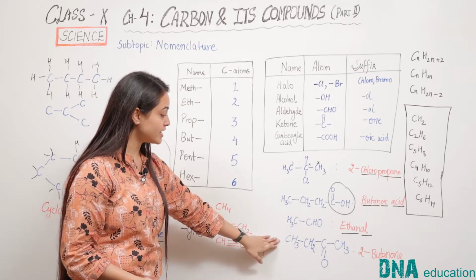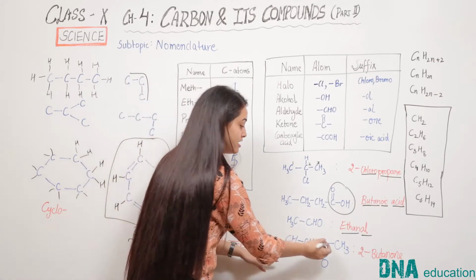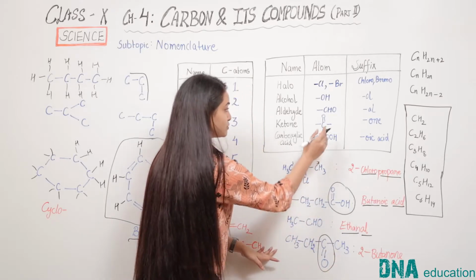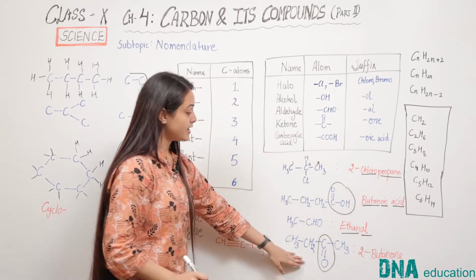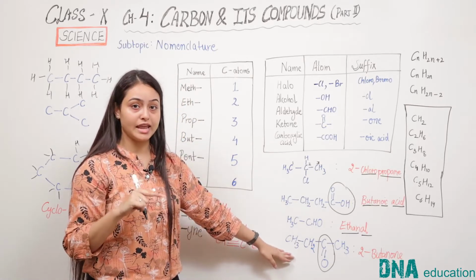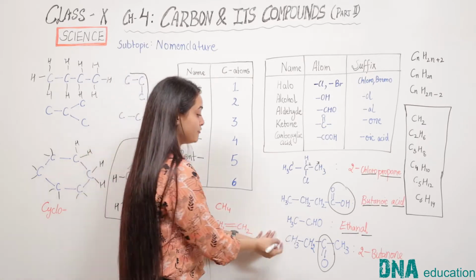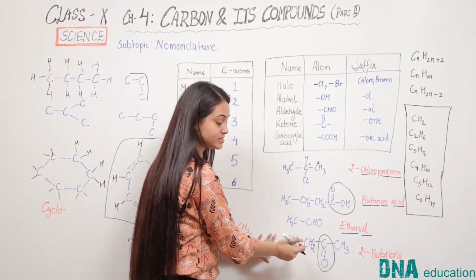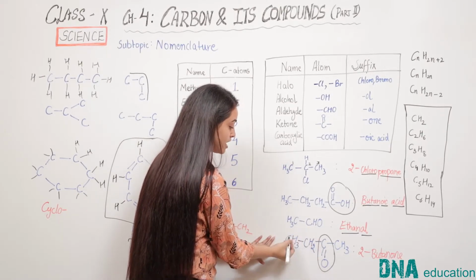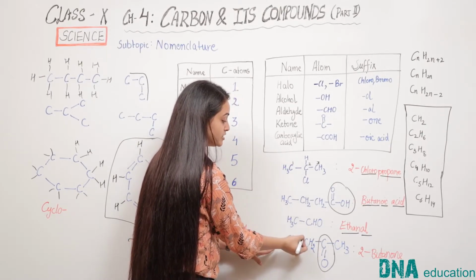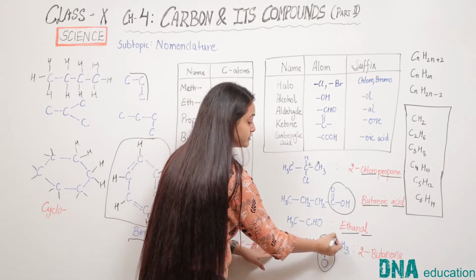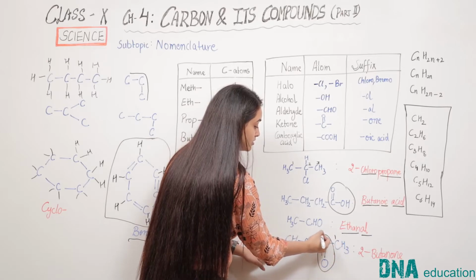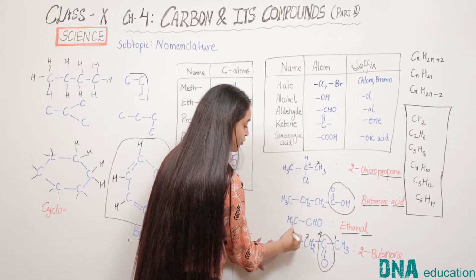Now moving on to the next example, we can clearly see that this is a ketone group, the CO group. In this we have to again name the compound. We have to number the compound so that it contains the lowest number. If we start from here, then it will be 1, 2 and 3. But if we start from here, it will be 1 and 2. So we will start from here, 1, 2, 3, 4.